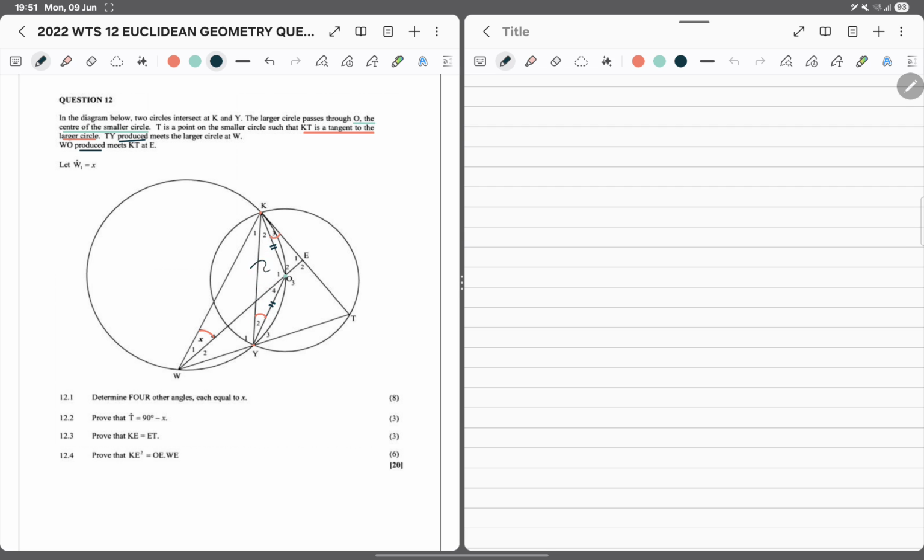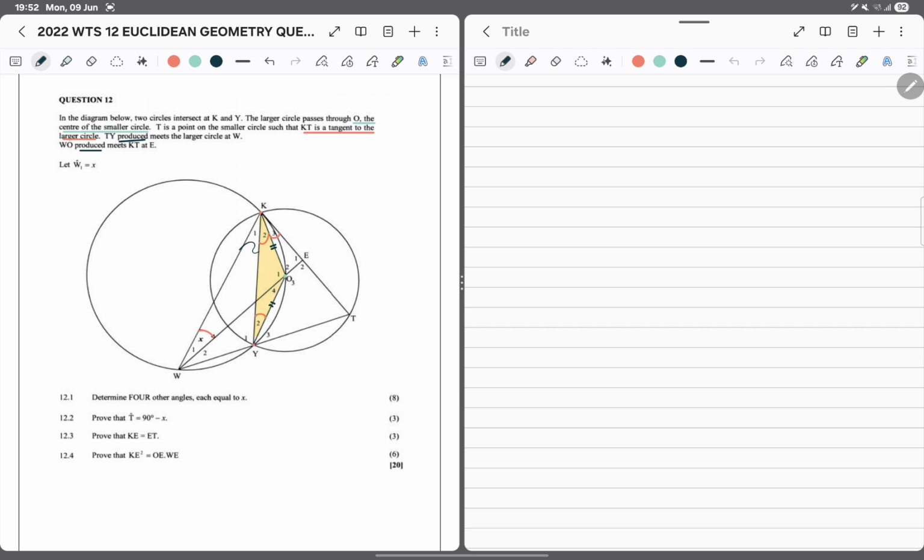Okay, at the same time, we can now conclude that this angle is also equal to that angle. Why? These are angles opposite equal sides, seeing that those are radii. And in this triangle KOY, that becomes an isosceles triangle. Okay?